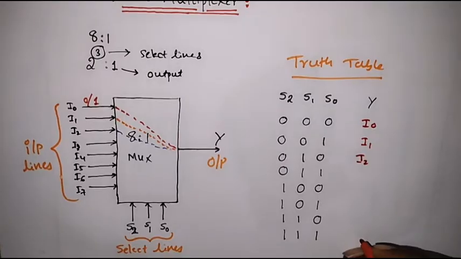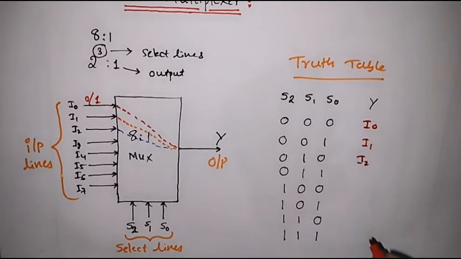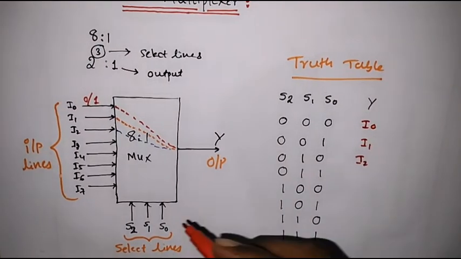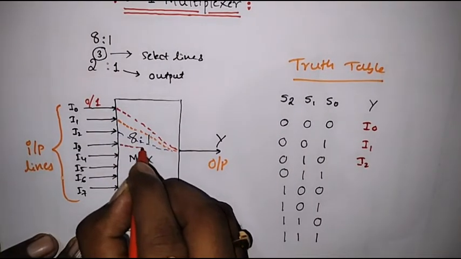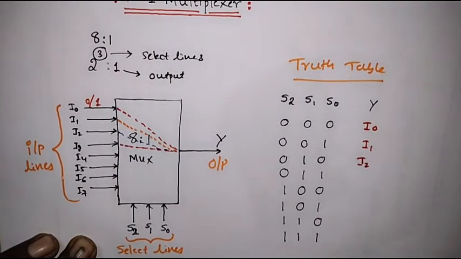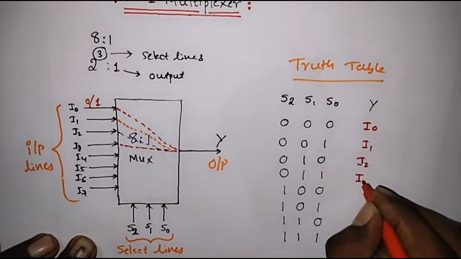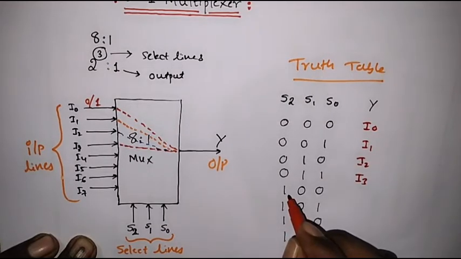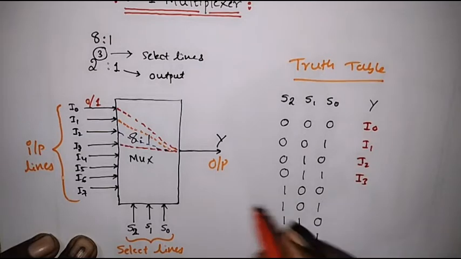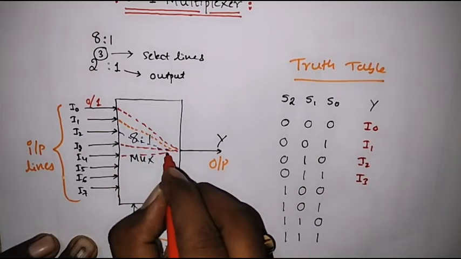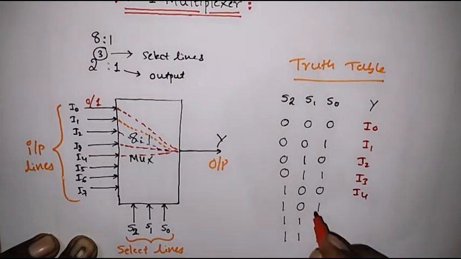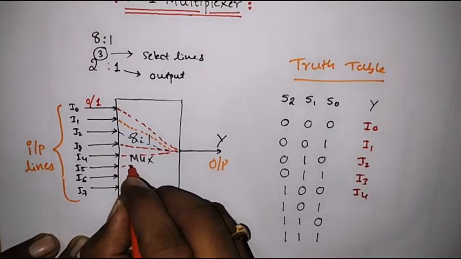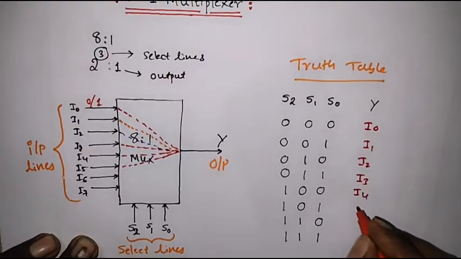Similarly, when input is 0 1 1, I3 will be selected and it is connected to output. It will be I3. When the select lines are 1 0 0, I4 will be connected to output side. Therefore it is I4. When it is 1 0 1, I5 is connected to output line.